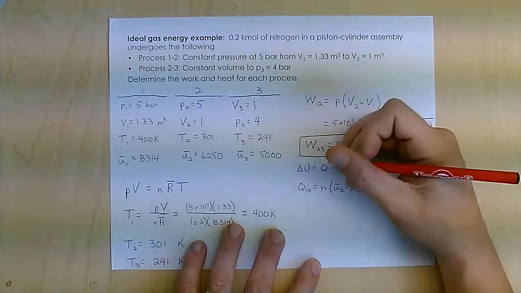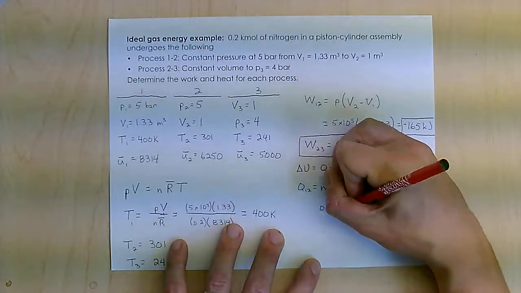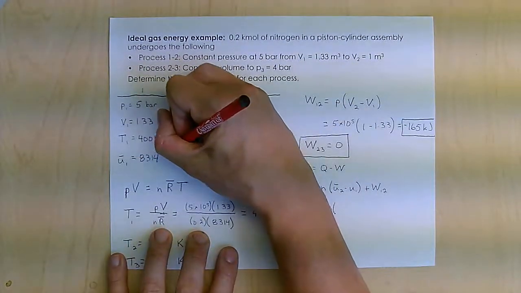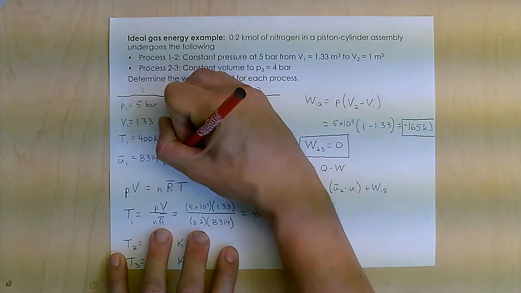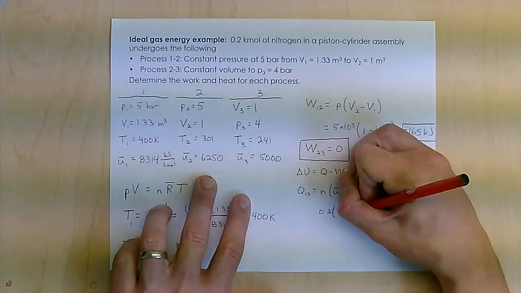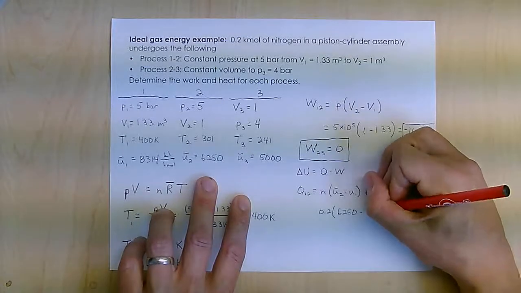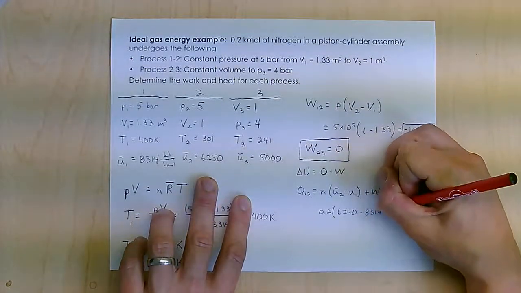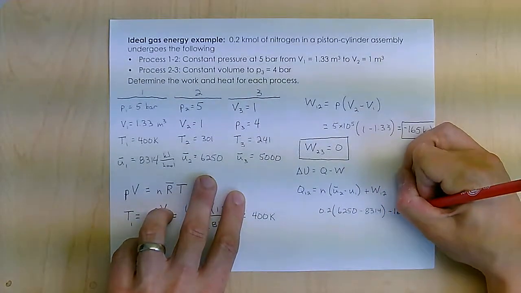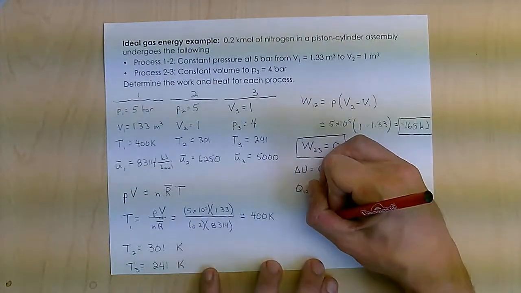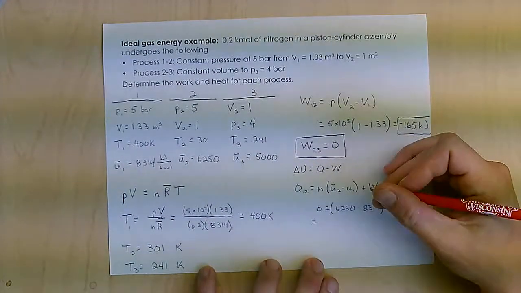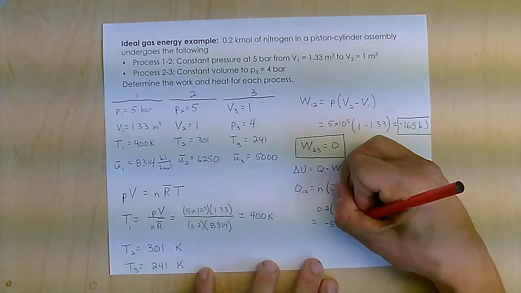What does that mean? Well, it means 0.2 kilomoles times these guys, which are, again, kilojoules per kilomole, as I looked up in the back of the book. So that'll be 6250 minus 8314, minus 165, which is the work, and that gives me the heat here to be negative 578 kilojoules.